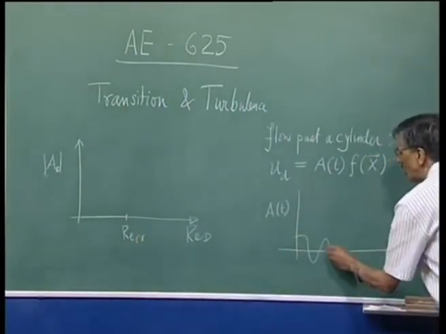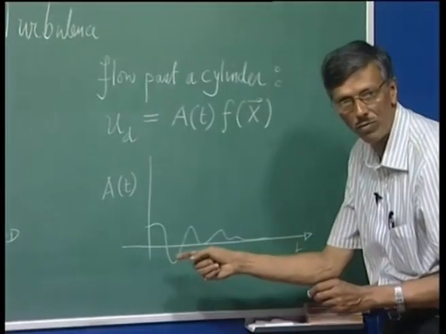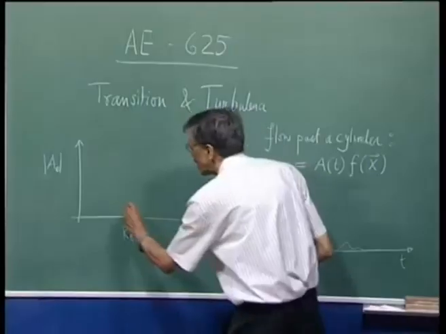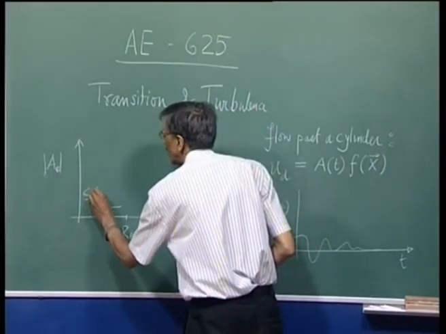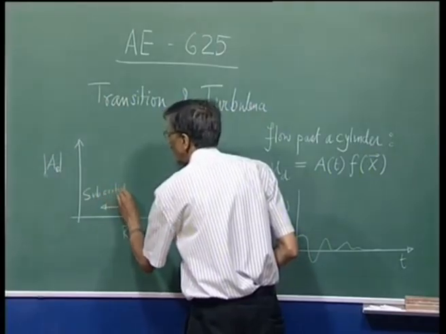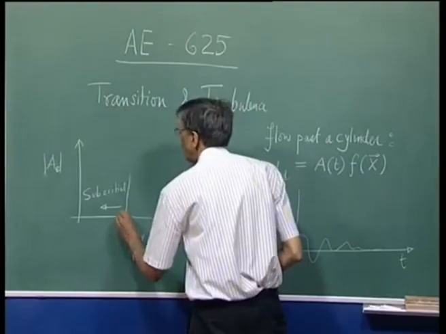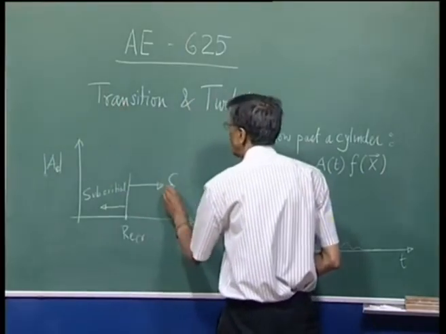It may just simply decay. That is subcritical flow. So, this is the subcritical part, and this part I will call supercritical.